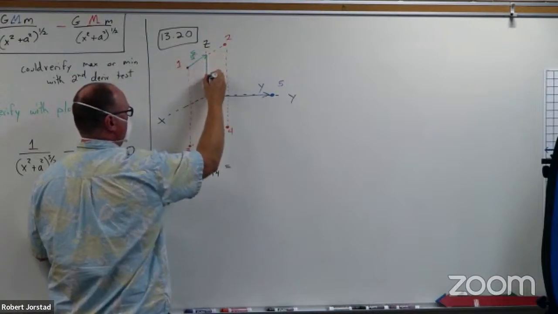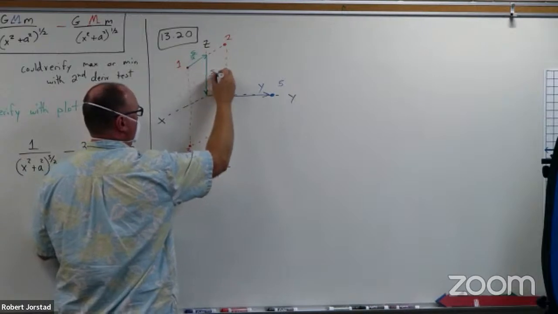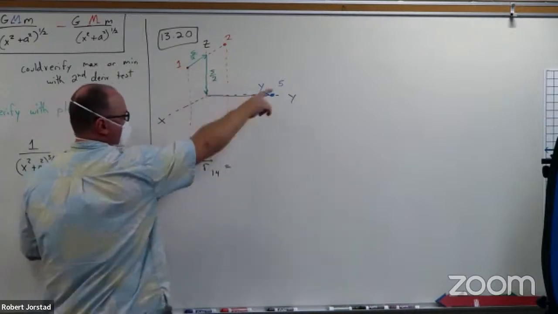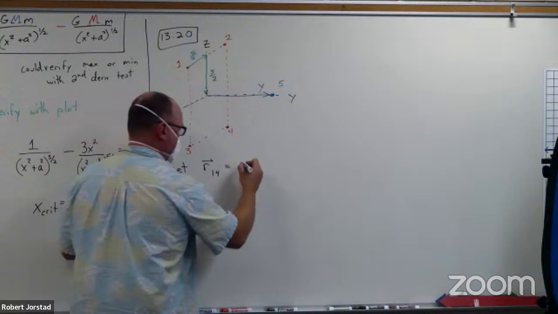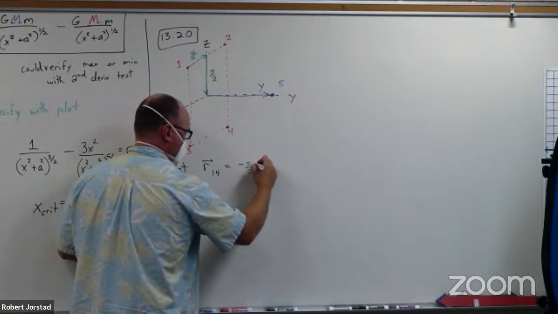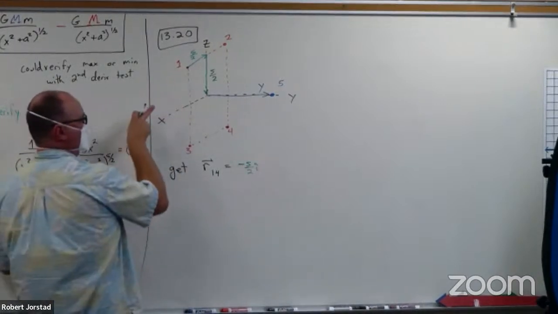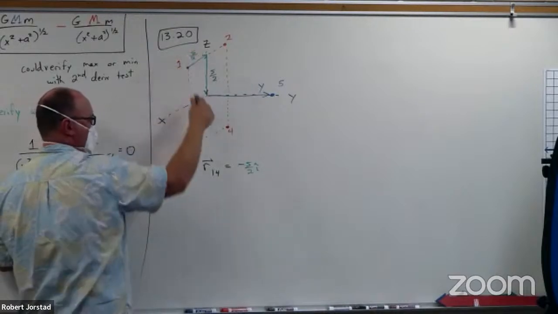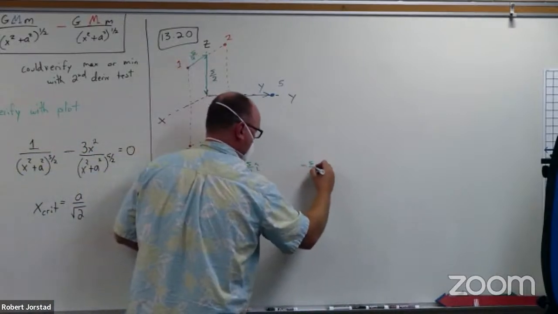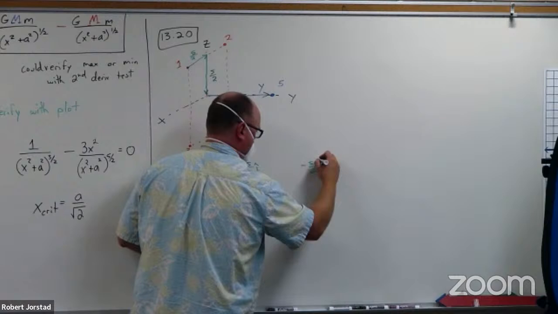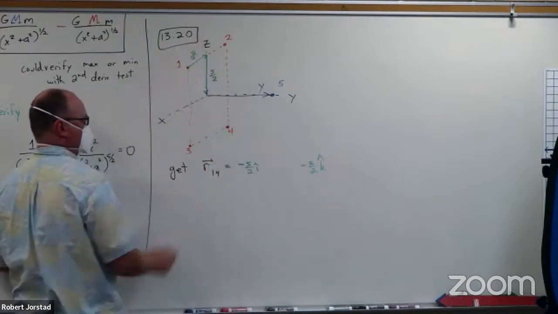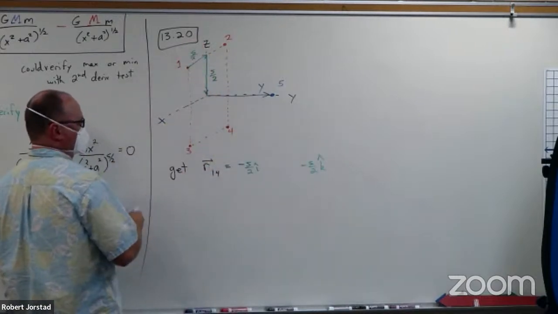It's going to come this way, S over 2, and it's going to go that way, Y. So I think it's -S over 2 in the I hat, right? That's negative I hat. It's negative S over 2 in the K hat, because this is the Z axis. And then it's how much in the J hat.